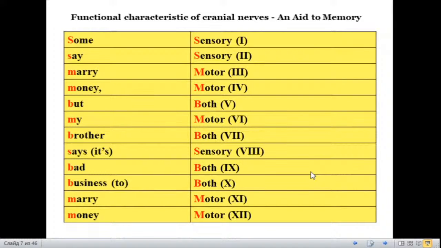So, Some, first cranial nerve, number one, sensory; Say, second, sensory; Marry, third one motor; Money, fourth one motor; But, fifth cranial nerve both sensory and motor, so it is mixed. Next, Says, sixth, motor, and so on.